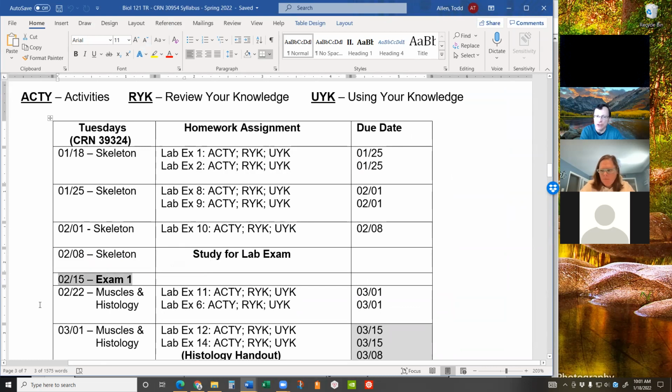On February 15th, you will be tested on your ability to identify these terms, okay? So how are you going to learn these things? Well, through a lot of hard work is the honest answer, right? That's how you're going to learn these things.